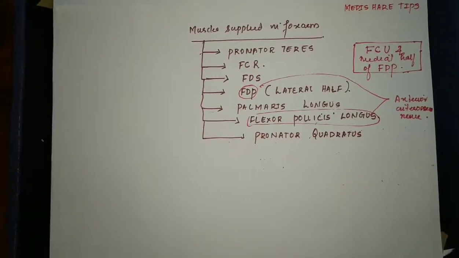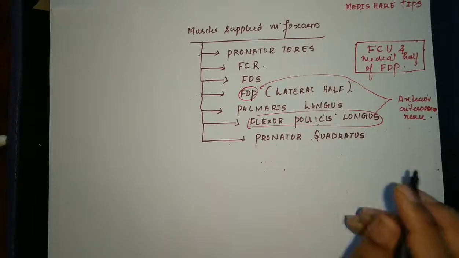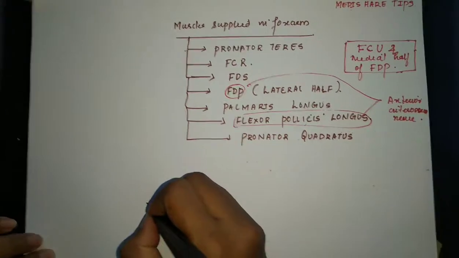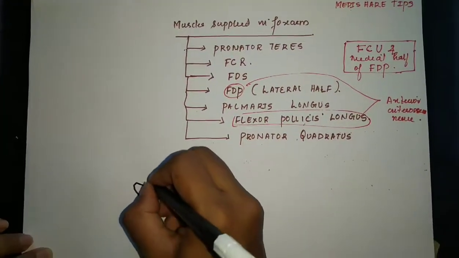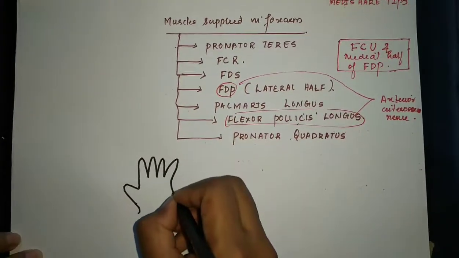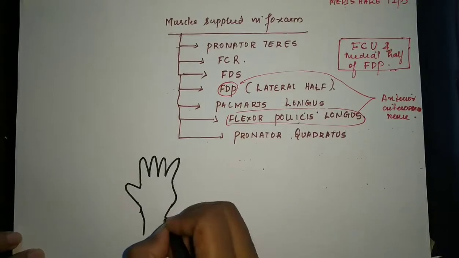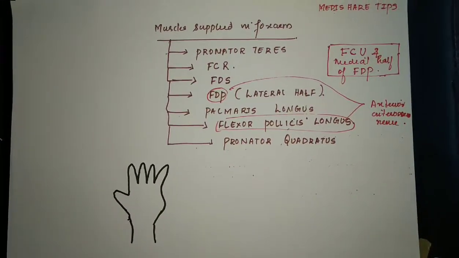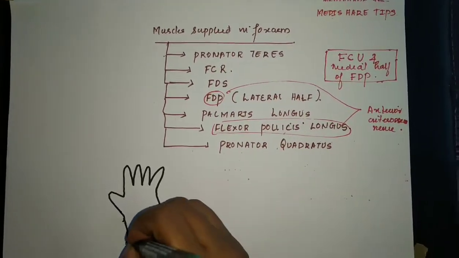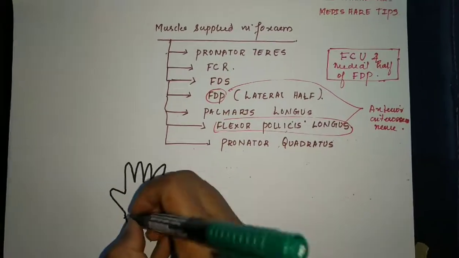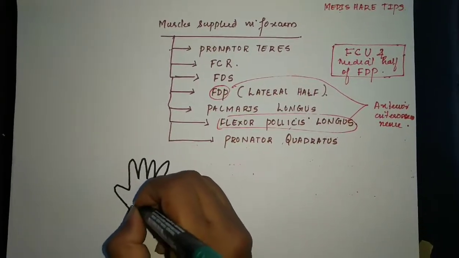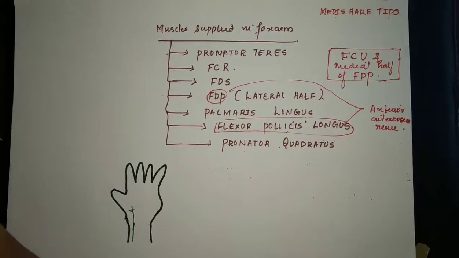And the nerve passes through the carpal tunnel and reaches the palm. After reaching the palm, it supplies the muscles of the thenar eminence.